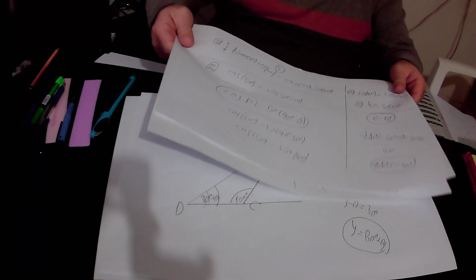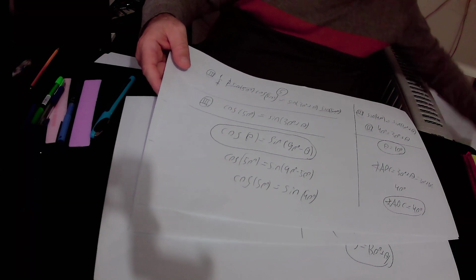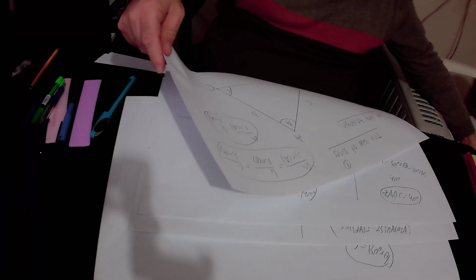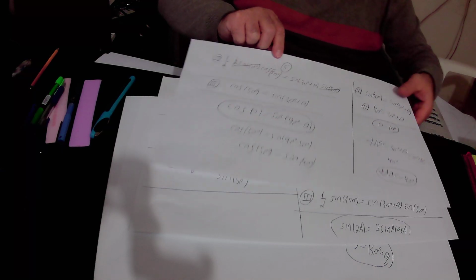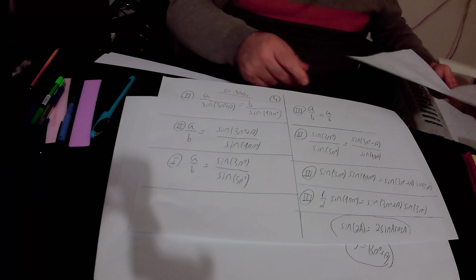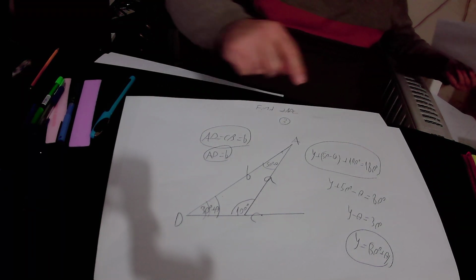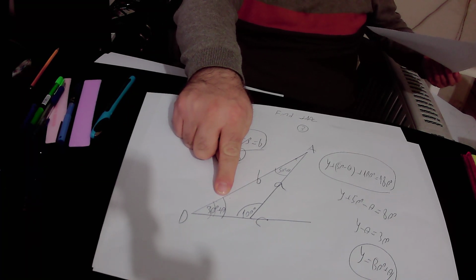So here angle theta equals 10 degrees, and angle ADC equals 30 degrees plus theta.